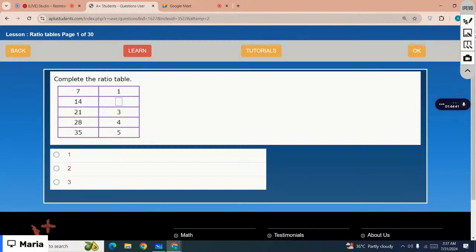The missing one is 2. That's exactly the same as what we just did in the tutorial, isn't it?